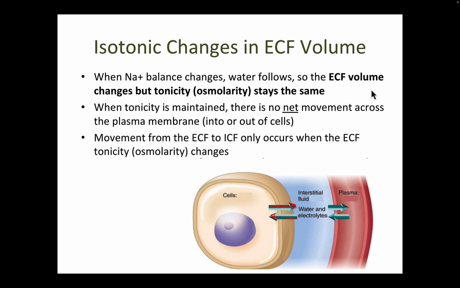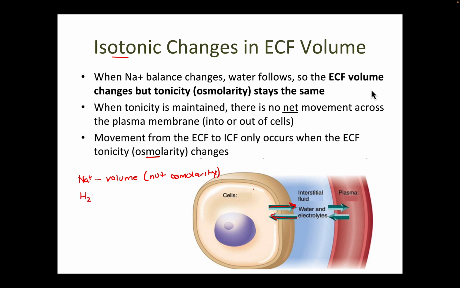Movement between the ECF and ICF only occurs when we change the osmolarity. So if we change sodium, we change the volume, but not the concentration or osmolarity of the fluids coming in. So we say this is an isotonic change. We're adding fluids that are the same tonicity as our body.